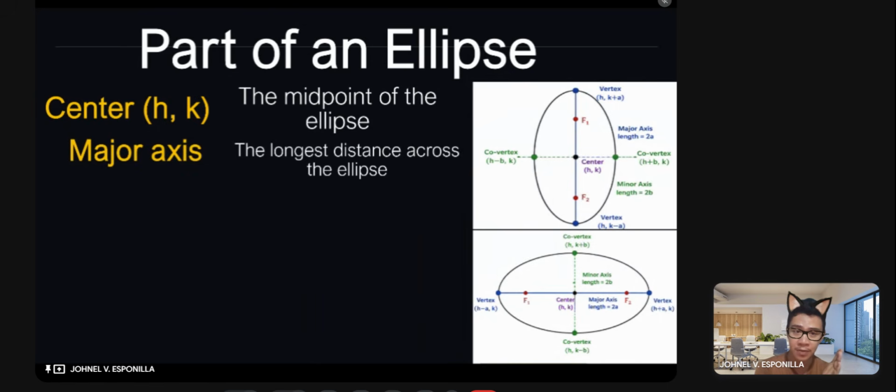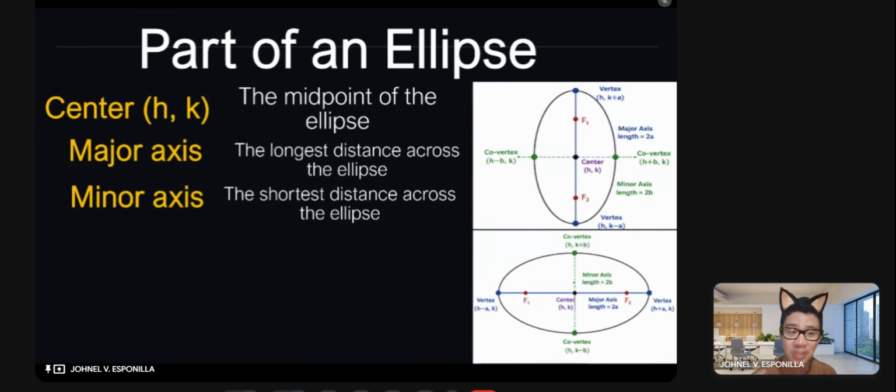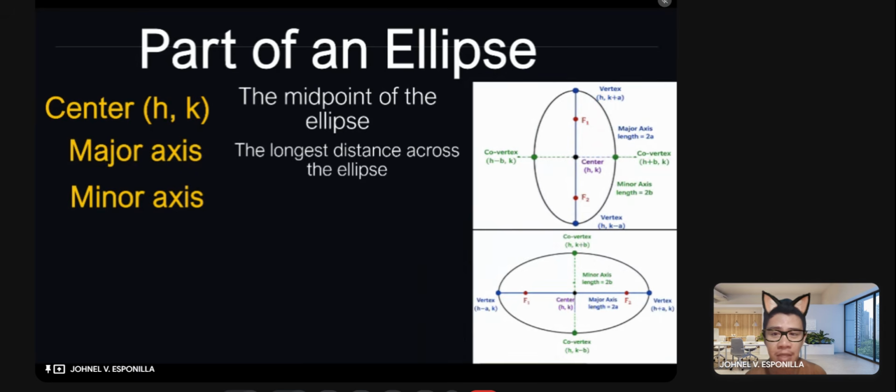So kung mapapansin po natin dito sa right part, so meron tayong dalawang ellipse there. So ang major axis dyan, kung nakikita niyo po itong kulay blue, okay, yung nasa taas na ellipse, this is the major axis.